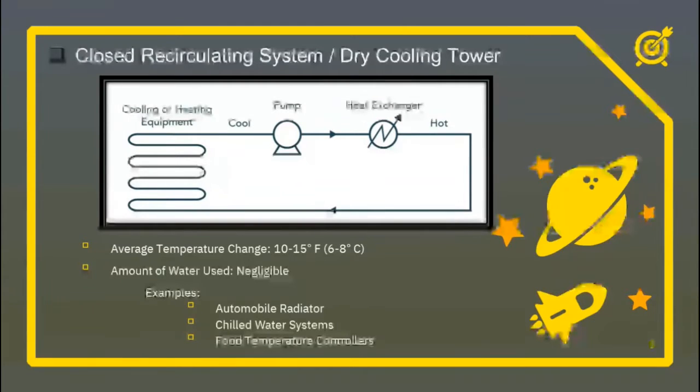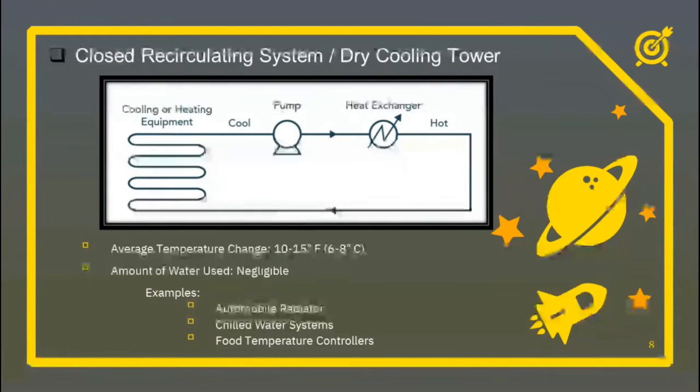Evaporation is not used in closed recirculating cooling towers. Instead, cool air rushes over a series of small tubes containing circulating coolant. Heat is transferred from the hot liquid inside the tubes to the cool air, resulting in cooling, and the coolant is then returned back into the engine.